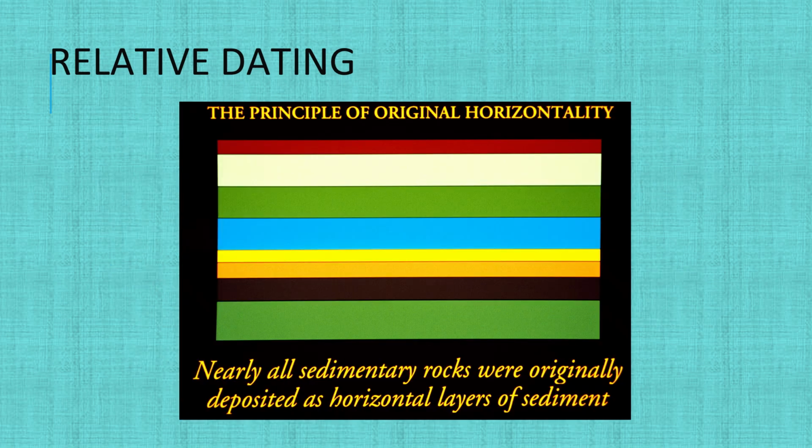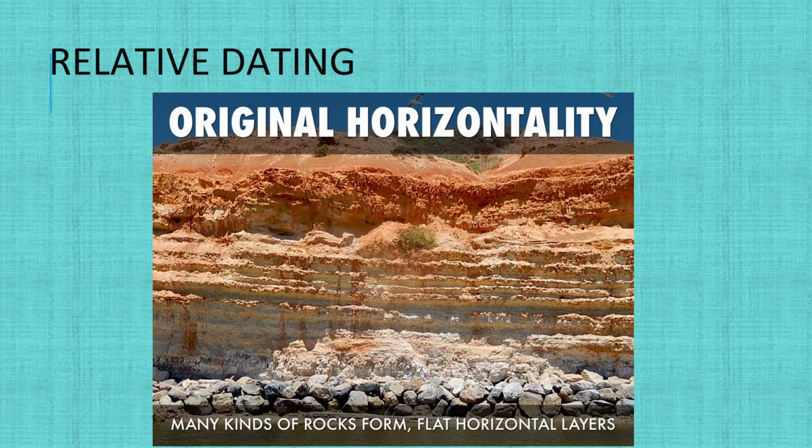All right, horizontal layers of sediment. And you see this in rock outcrops. There's a picture here, but you can see it in some outcrops along highways if you happen to be driving past something that hasn't been folded. All right, flat horizontal layers.